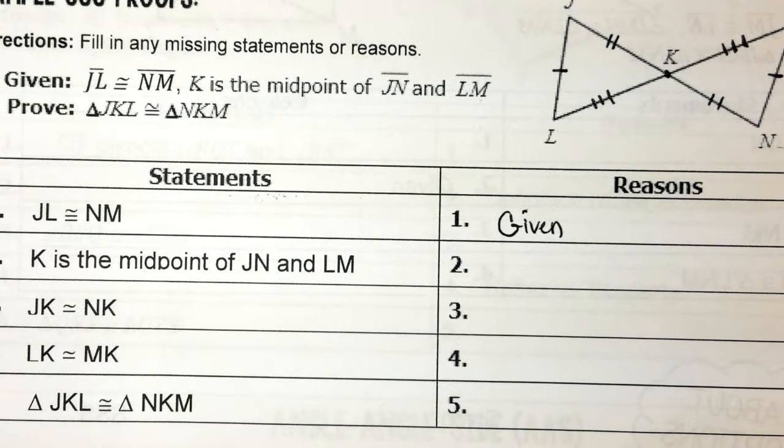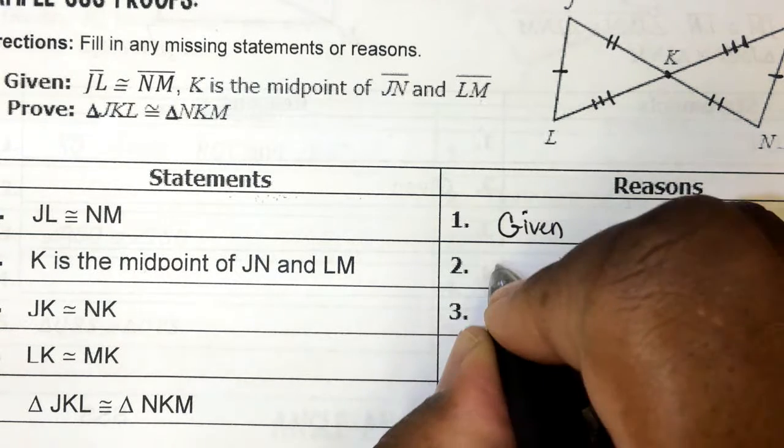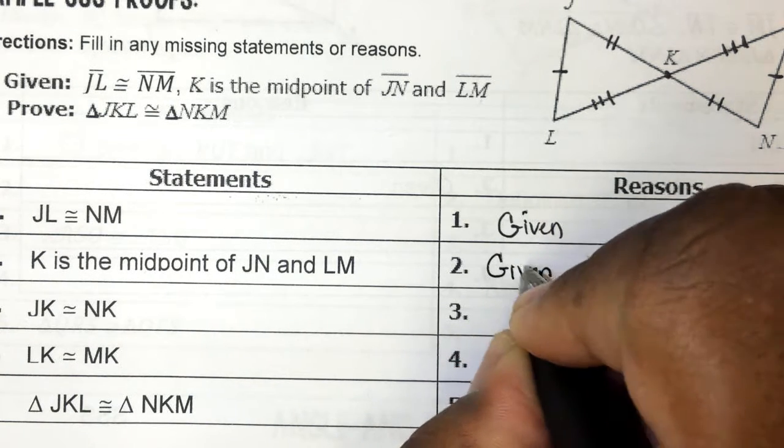The next line, they say K is the midpoint of JN and LM. How do I know that? It's given. Given information.